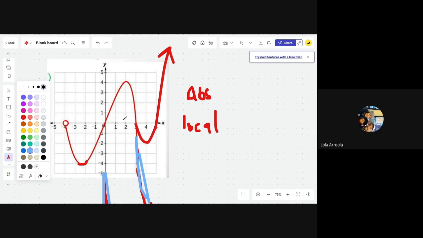The local max is local now because I have an arrow and the graph extends past this point. So this is a local max at 4. However, my graph extends past that point towards infinity. That's the difference between the two.